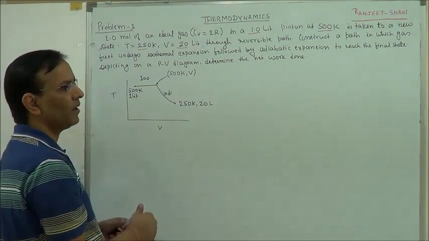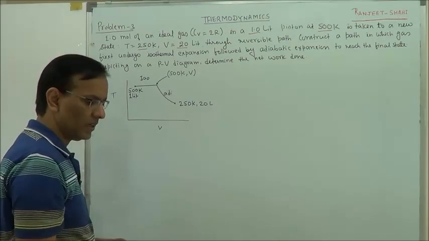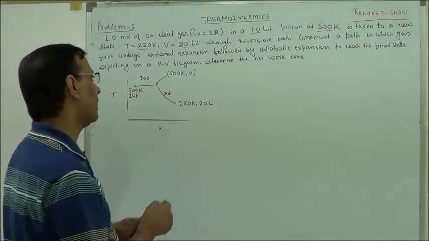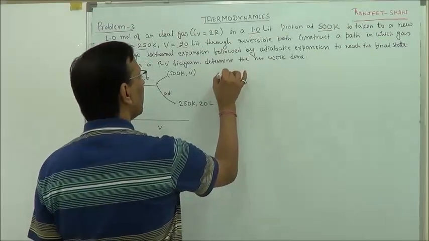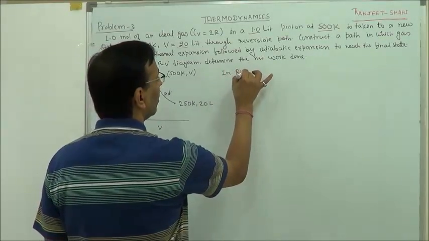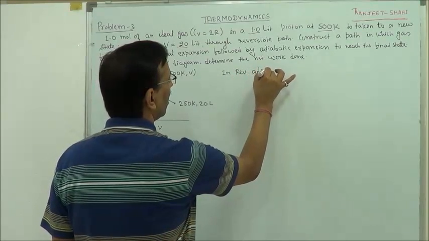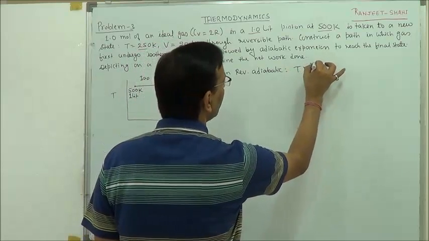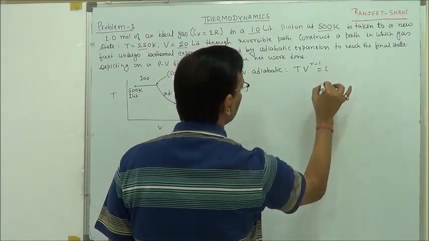So let us correlate these two through the reversible adiabatic process relationship between temperature and volume. We have seen that in a reversible adiabatic process, TV raised to the power gamma minus 1 is constant.